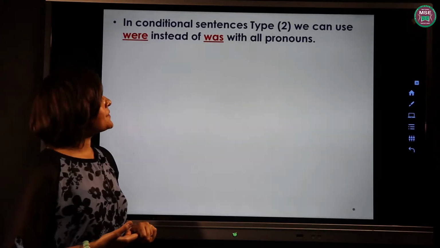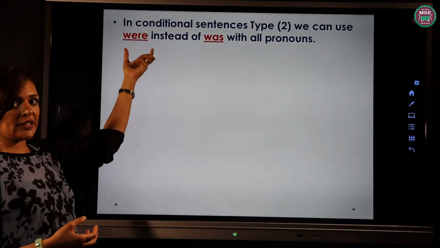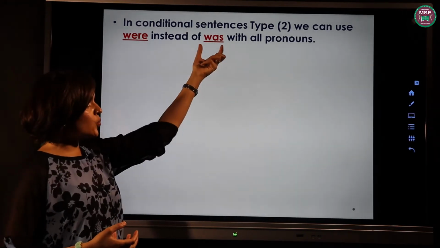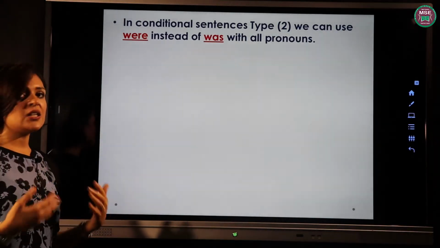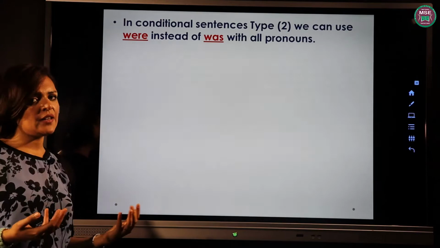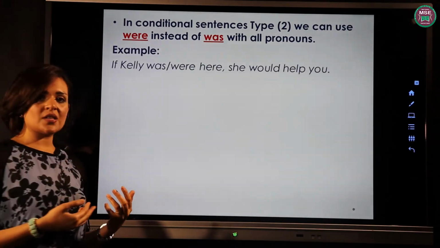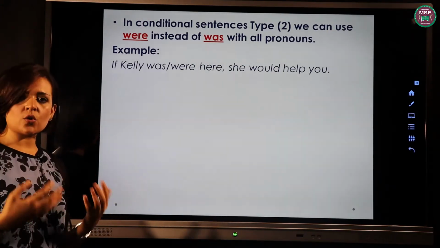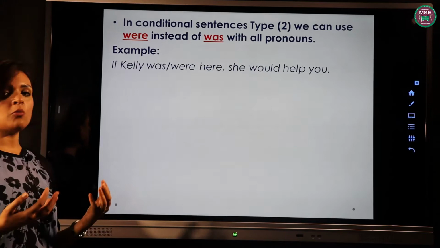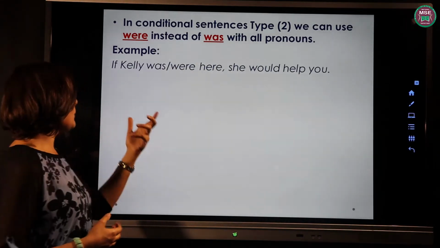In conditional sentences type 2, we can use were as the verb to be instead of was with all the pronouns, even with he, she, and it. How can it be? When I speak about something which is imaginary or unreal, I want to express that it's more unreal, so I use a different form of the verb in the past.